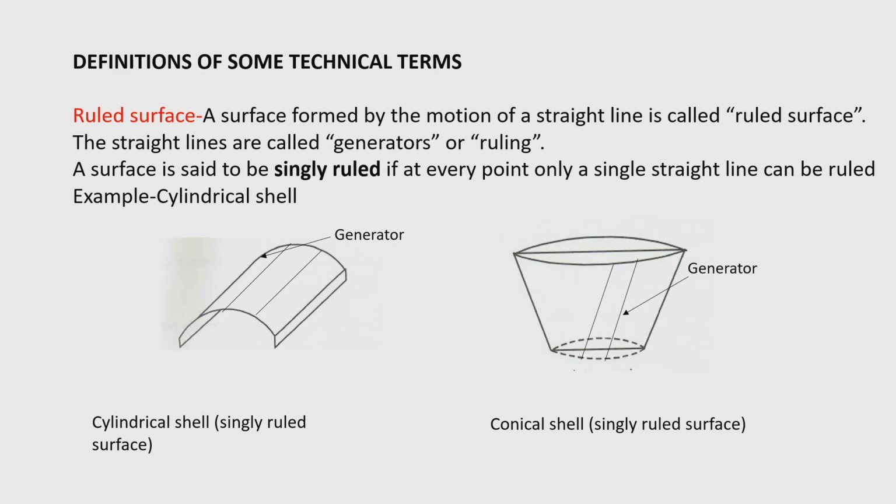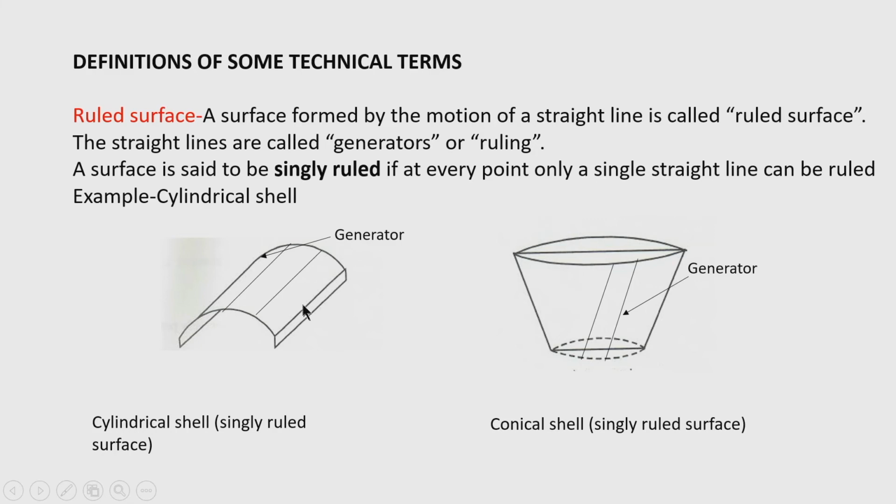First, let us define a ruled surface. A surface is formed by the motion of a straight line along a curve. So, this is a curve for example, and this curve is called the directrix, and these straight lines are called generators.